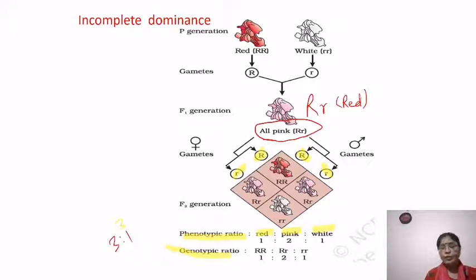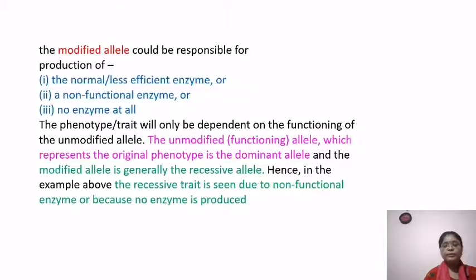Now how to explain it? How to go about this? See, it has been explained very nicely. You can see here that the modified allele could be responsible for the production of a normal, or a less efficient enzyme. Let's see what the modified allele is and what it does, and then we will conclude which is the modified allele, whether it is capital R or small r.